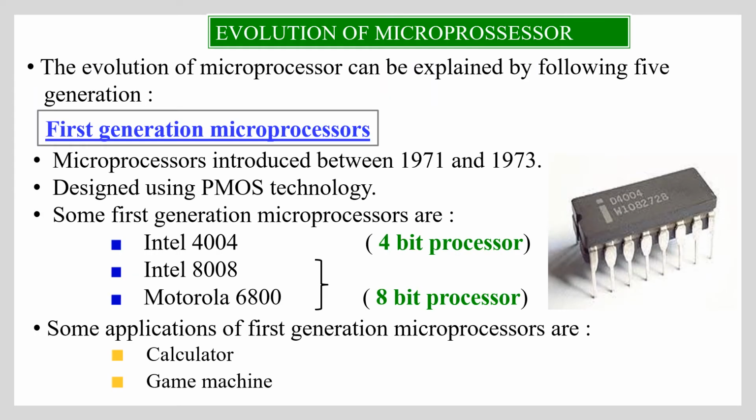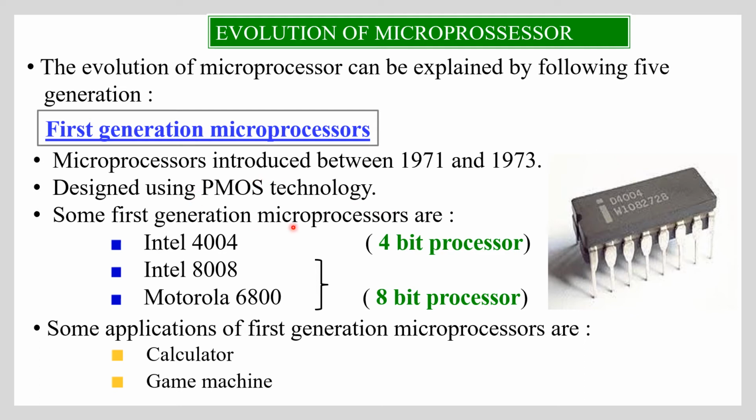Let us see the evolution history of the microprocessor. The evolution of the microprocessor can be explained by the following 5 generations. Let us see how they were developed and the progress in each microprocessor. The first generation microprocessors were introduced between 1971 and 1973. They were designed using PMOS FET technology.